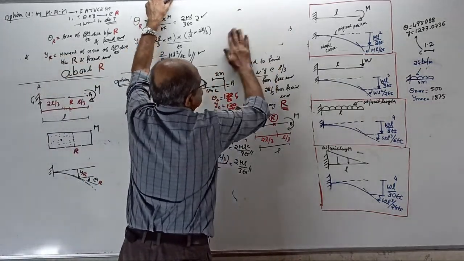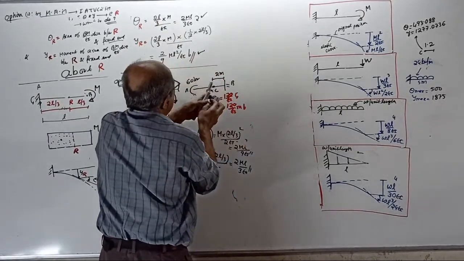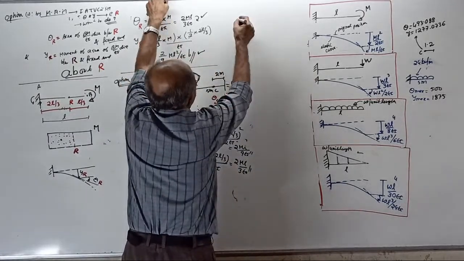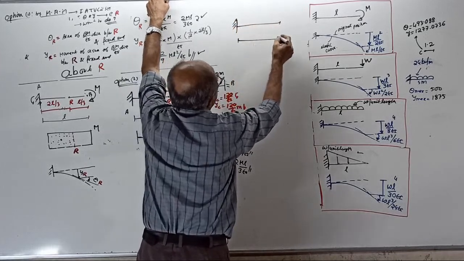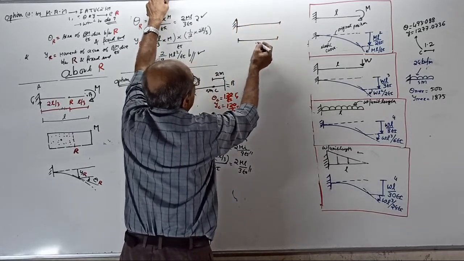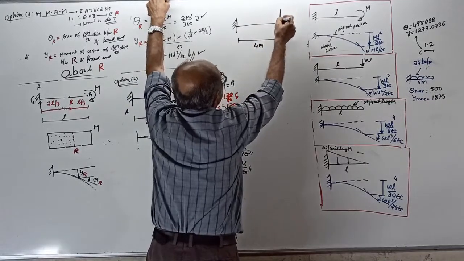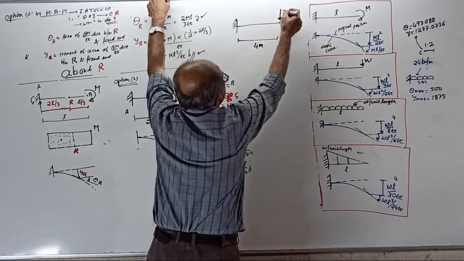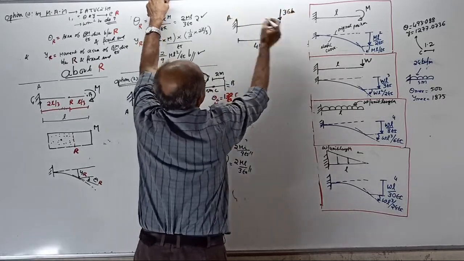Second question now. A cantilever beam has a length of 4 meter. A point load of 36 kilonewton is acting at the free end, ABC.